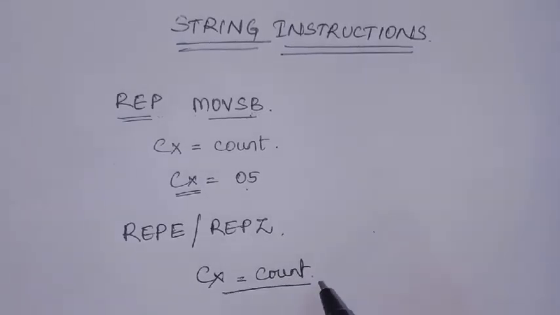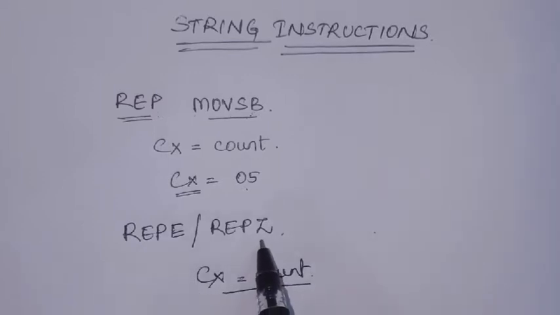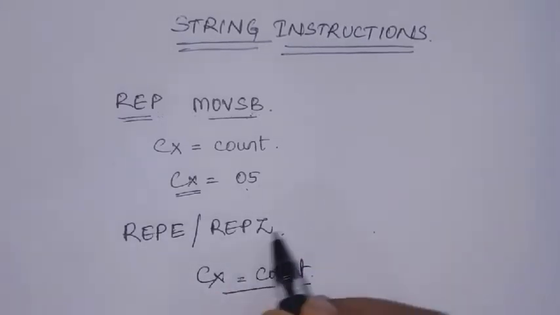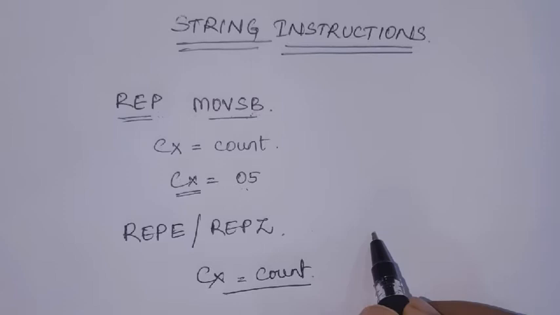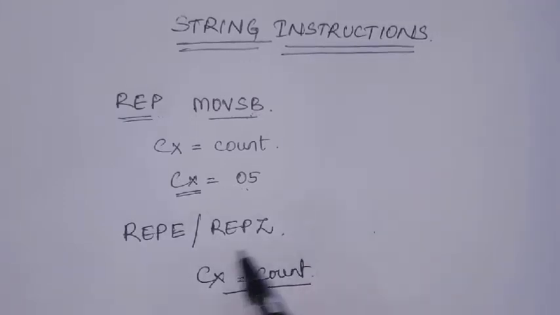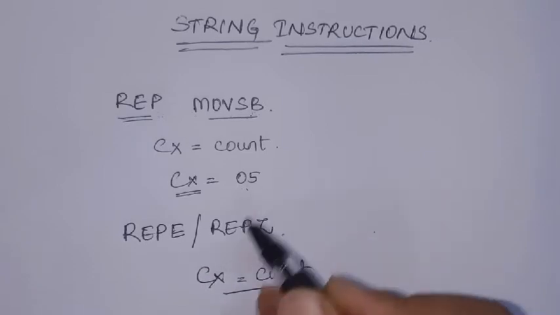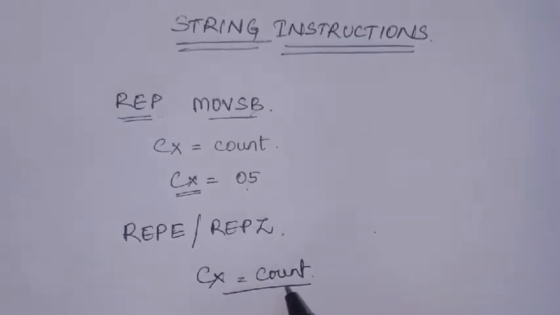So till the count is equal to 0 or till the source and destination bytes are equal, this instruction is executed repeatedly. Once it finds the bytes are not equal, it comes out of the loop, or if the count is equal to 0, then also it comes out of the loop.